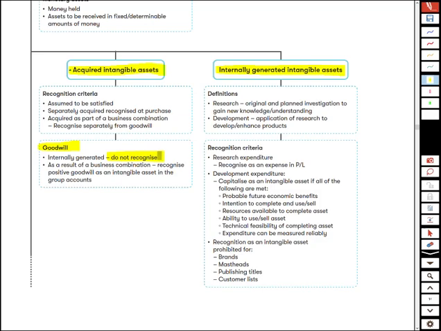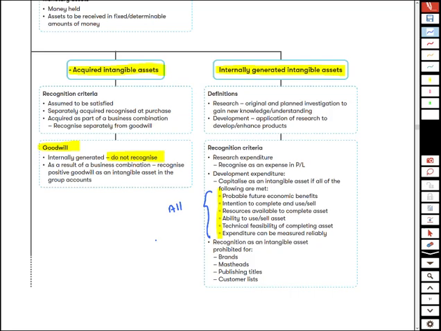Then your internally generated assets, remember this is picking up from what you've done at your previous level, mainly looking at the idea of research and development. So do make sure that you are happy with the PIRATE criteria, that you know when you can capitalise your intangible. And remember, when you meet that PIRATE criteria, you have to meet all of the criteria.